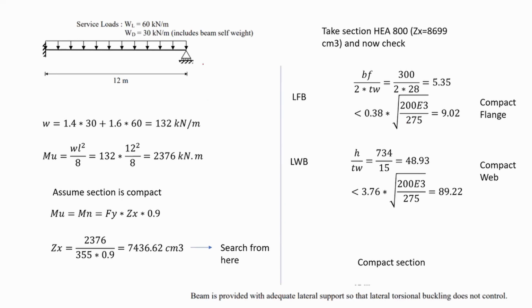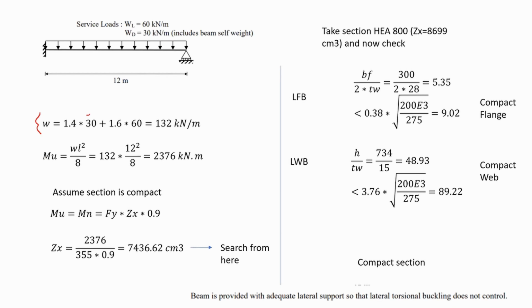So if we start considering this problem, first of all, to find the section, I need to start with the plastic modulus. Before that, I need the maximum moment that will be applied. And before that, I need a distributed load. So let's consider the distributed load that is going to be applied in here.